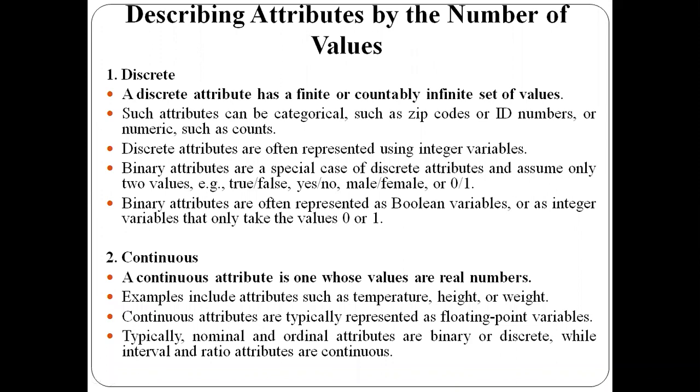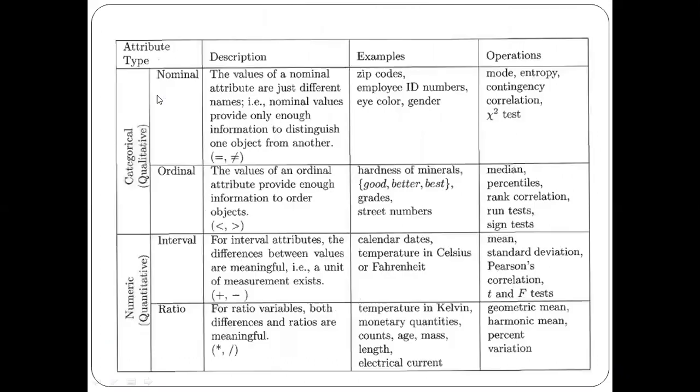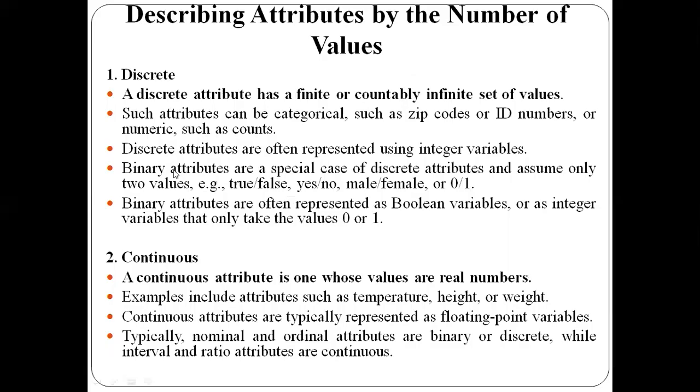Examples are categorical types of attributes, zip code, ID number, and even some kinds of numerical attributes, counts. All these are examples of discrete attributes. Categorical types of attributes, like string types, are examples of discrete attributes.